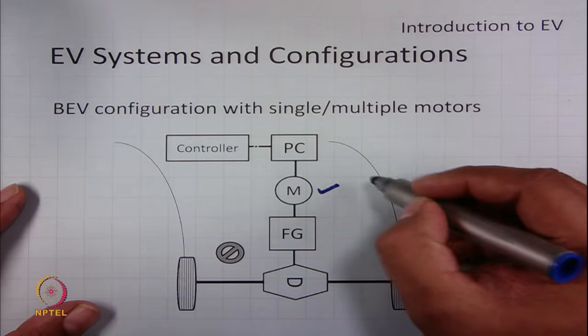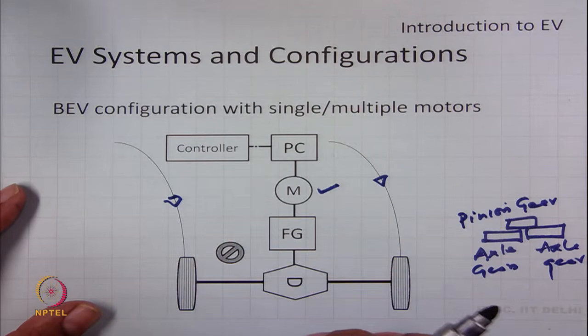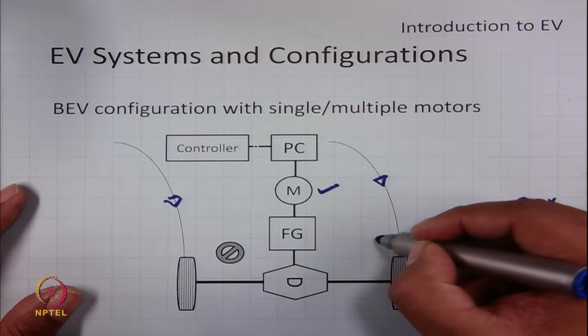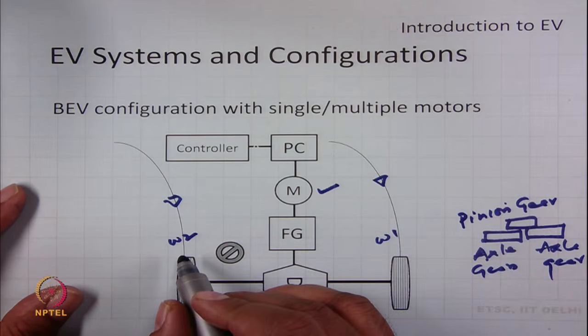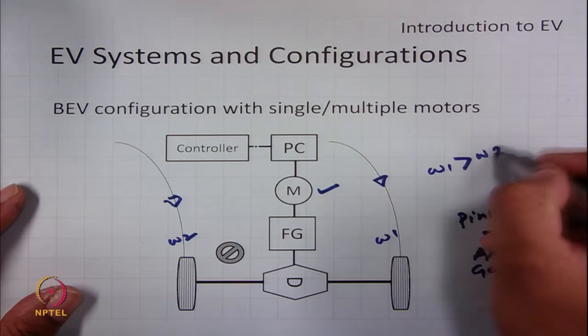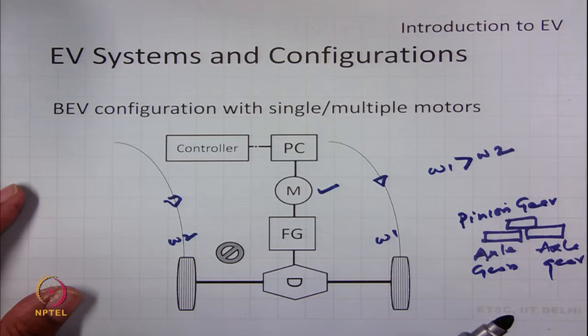Let us say the vehicle has to turn this side. So, for this operation to be successful, the speed of this wheel has to be greater than the second wheel, means omega 1 has to be greater than omega 2 if you want to turn this side.